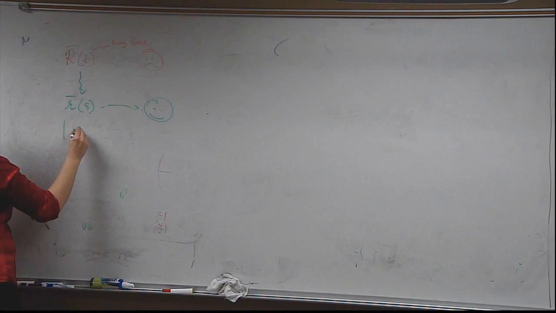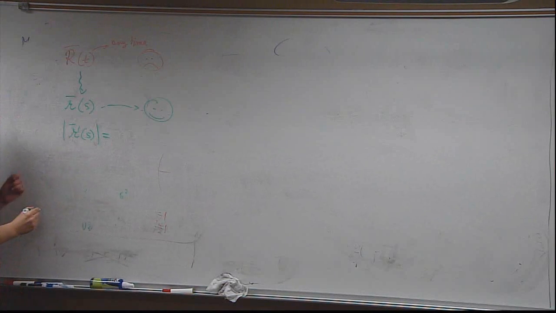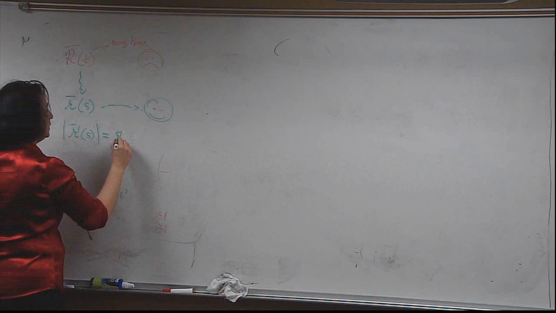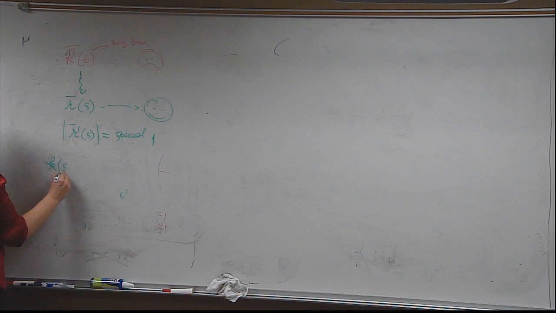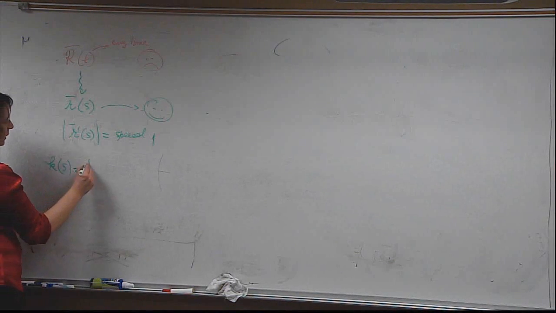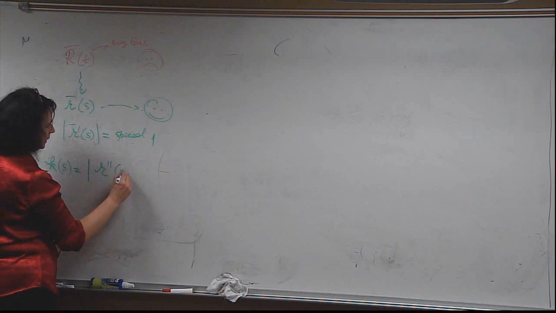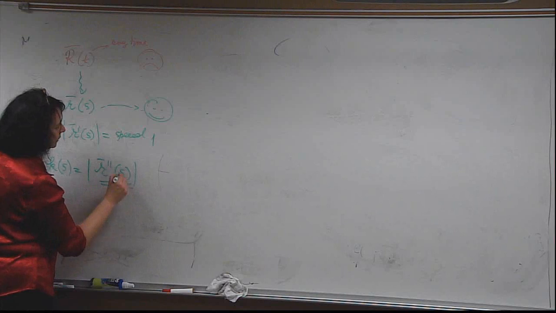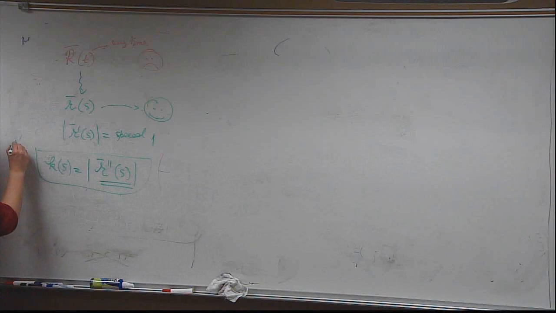Because in this parametrization, the magnitude of the speed is 1. And I define k to be the magnitude of r double prime of s, the acceleration only in the arc length parametrization, and this was the definition.